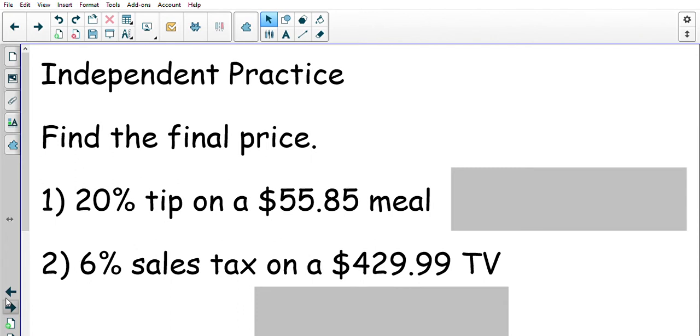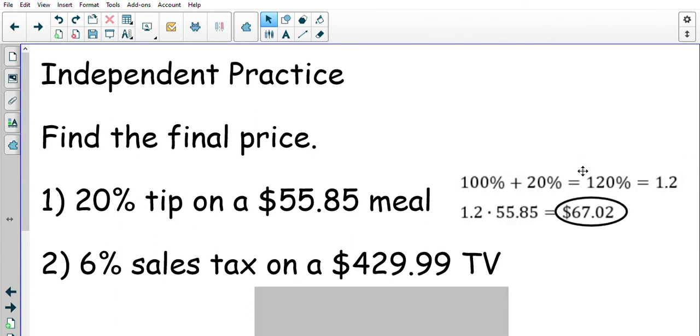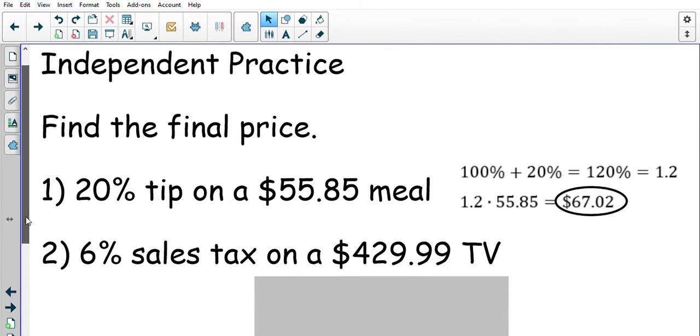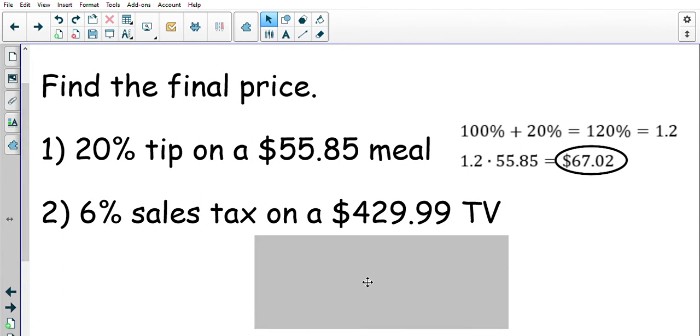All right, so each of these asks us to find the final price after tip or sales tax. Number 1, I did 100% plus 20% to get 120%, or 1.2. 1.2 times $55.85 is $67.02. Number 2, 6% sales tax on a $429.99 TV.